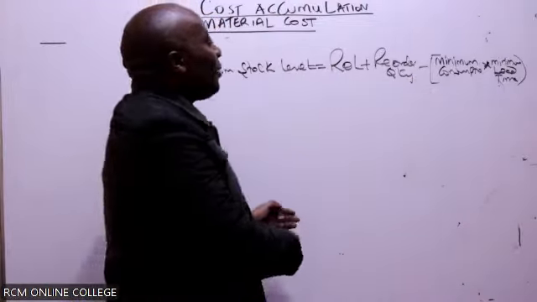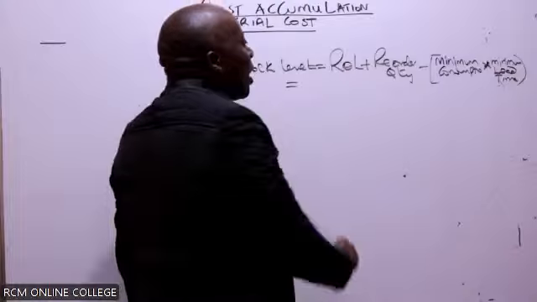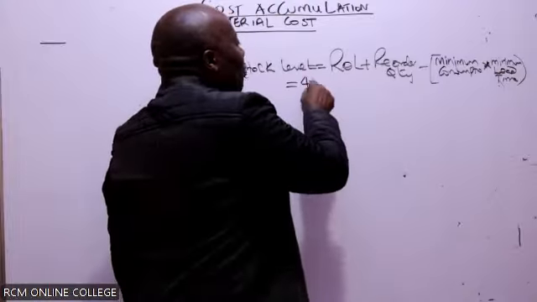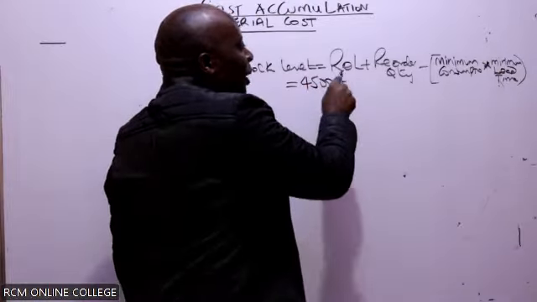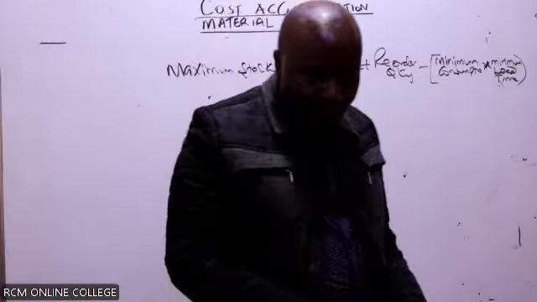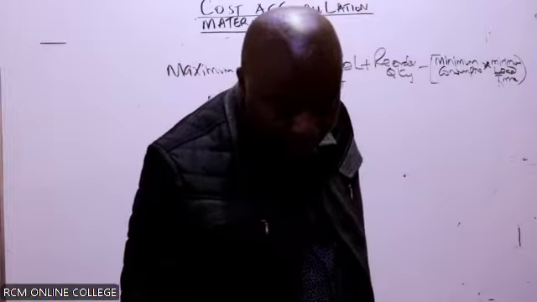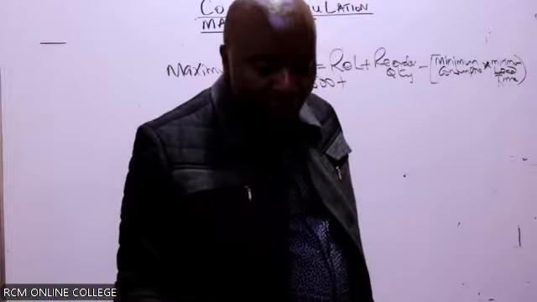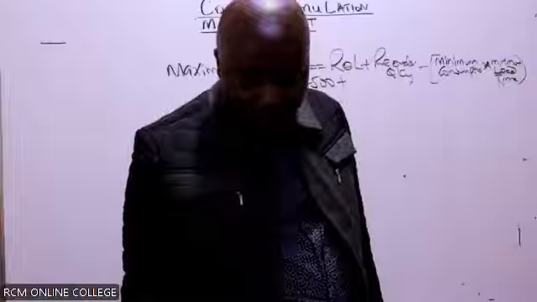So ladies and gentlemen, are you able to see the roll? The roll you gave me was 4,500. That is the reorder level, plus reorder quantity. Every time we order, they have told us that the reorder quantity is 3,000.